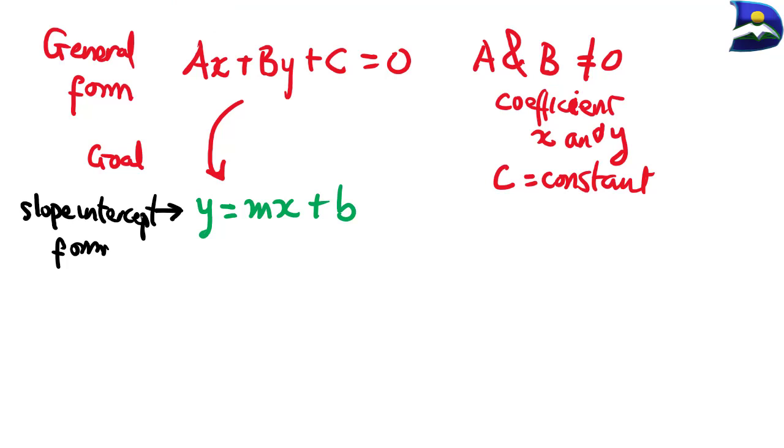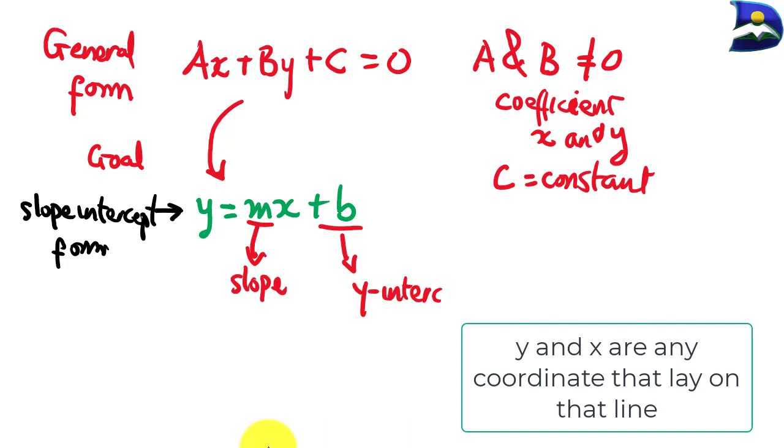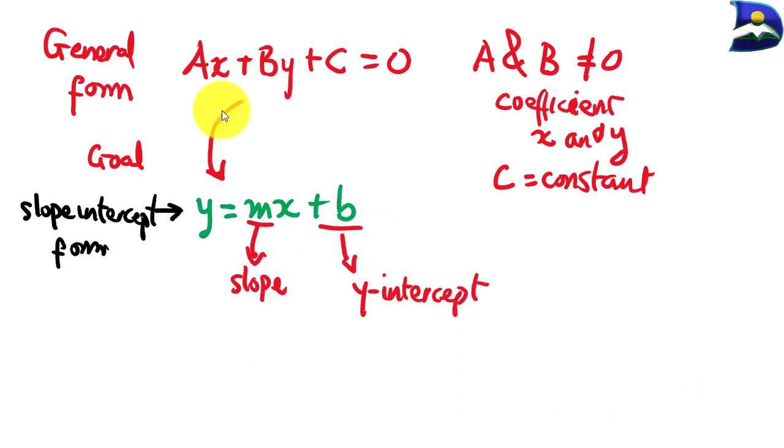One is the m, which represents our slope, and our b, which represents our y-intercept.